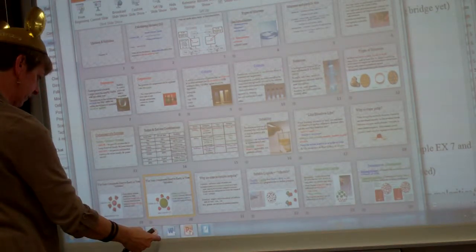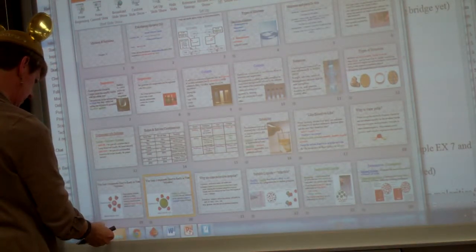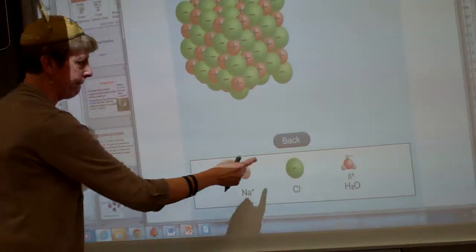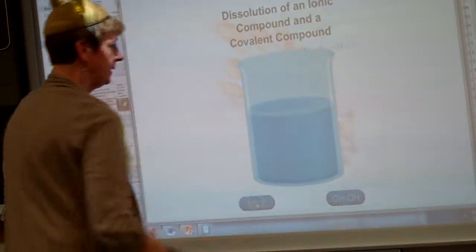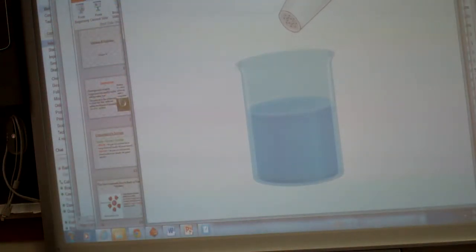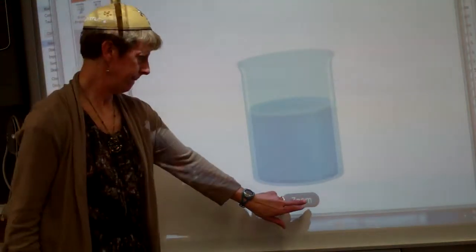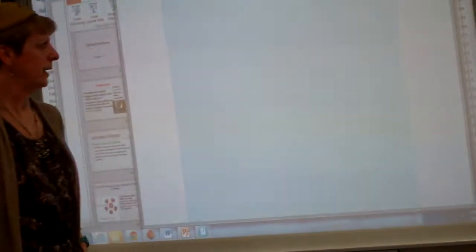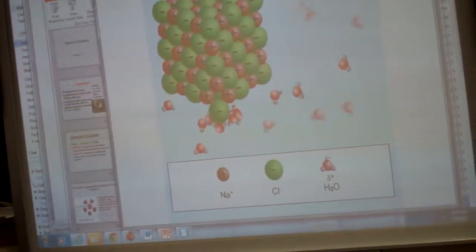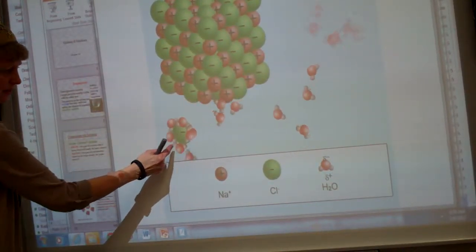So let's show you a couple little videos here. Let's add a small amount of table salt, sodium chloride, to water. As you know, sodium chloride dissolves in water. Click on the zoom button to view sodium chloride dissolving in water. Polar water molecules interact with the positive and negative ions of a salt.